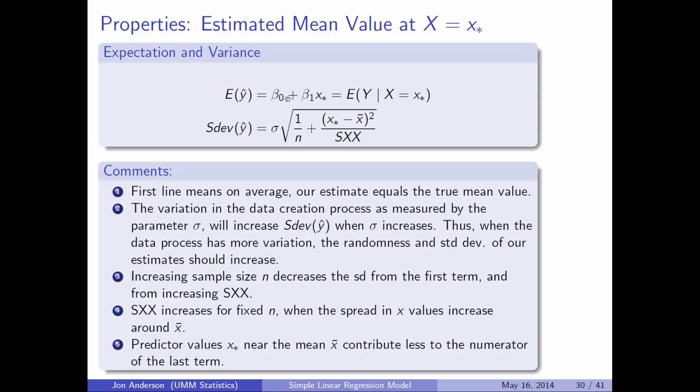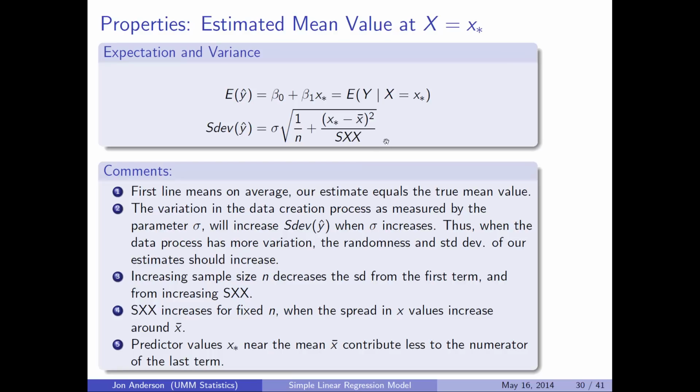The variation of this estimate is given by this formula. And so what you can see from this is, well, what matters to the estimate and the variation? Well, more variation in the data point creation system makes more variation in our guesses. Having more data makes n bigger and sxx bigger, and so that makes the whole variation smaller. That makes sense.